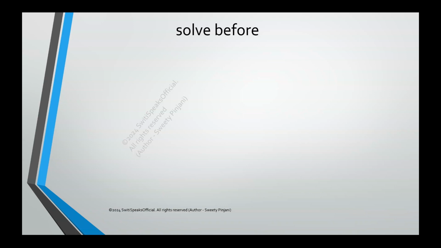Let's get started. First, you need to understand the motivation or the reason behind having this solve before construct. What is the use of solve before? By default, the constraint solver in SystemVerilog will assign equal probability to all possible solutions of your constraint.